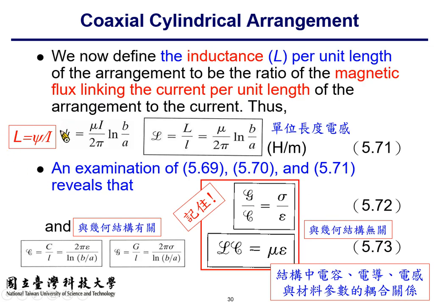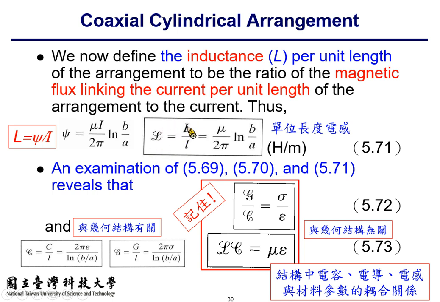Then, according to the definition of inductance, which is the ratio of magnetic flux over electrical current, the per unit length inductance of this coaxial structure is written as phi over I, so it's mu over 2 pi times log of B over A. This is the total inductance, and here is the per unit length inductance.